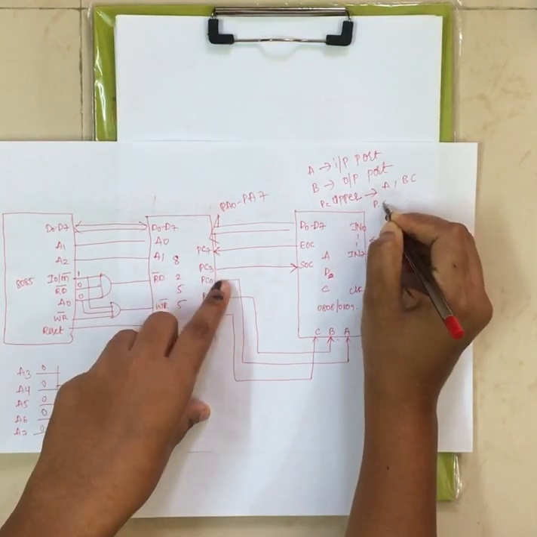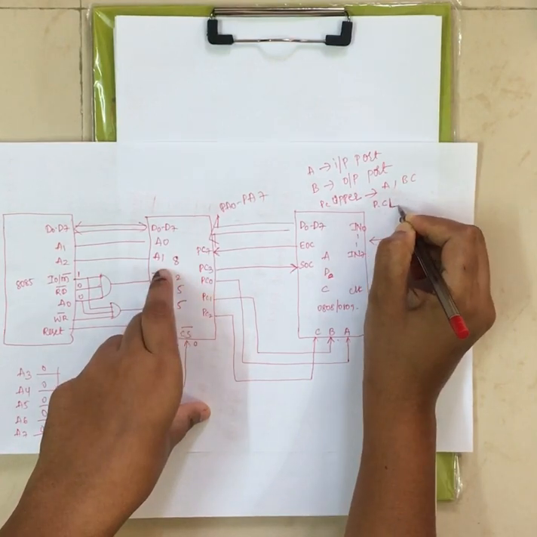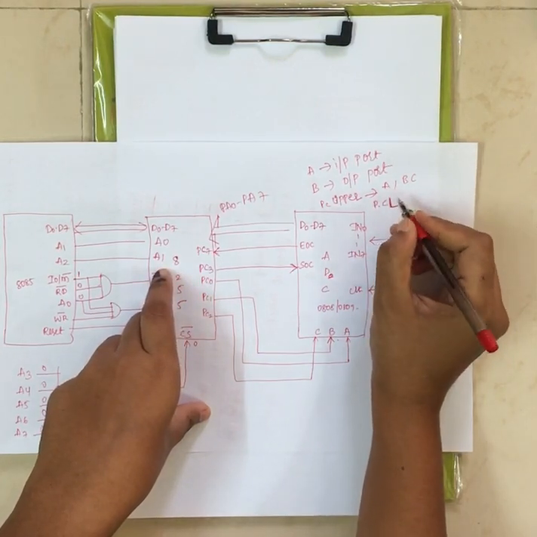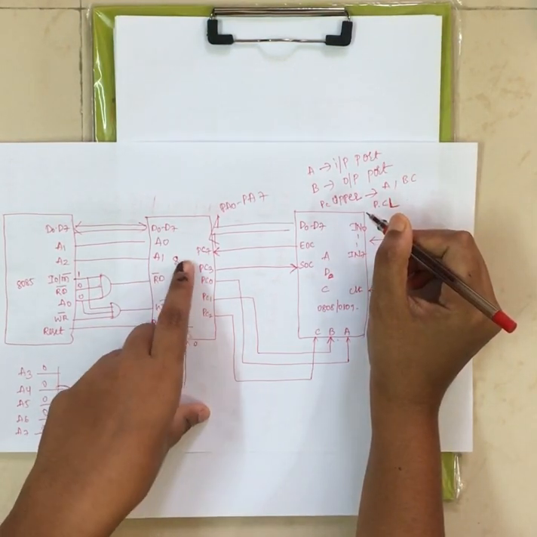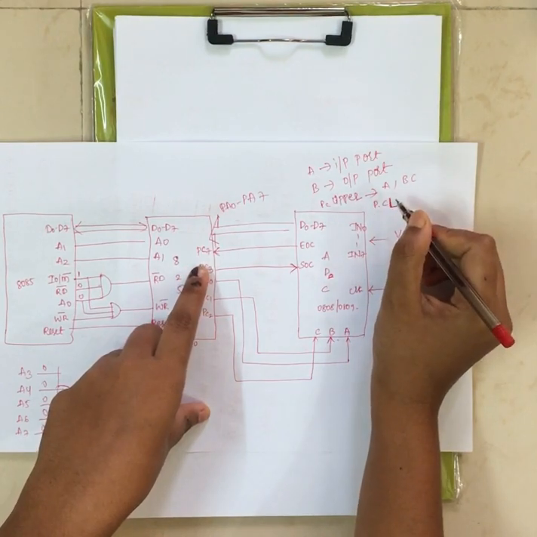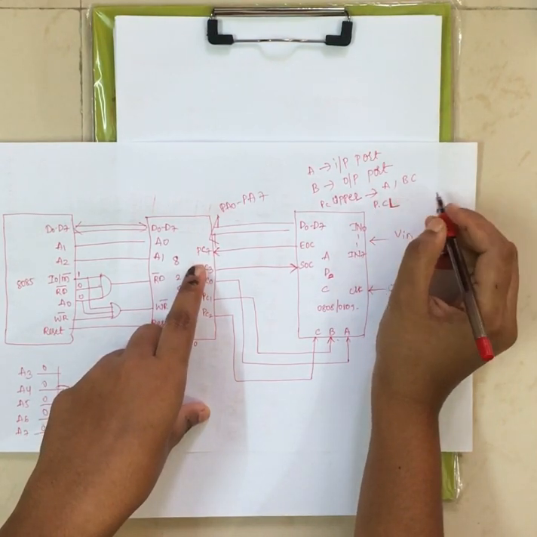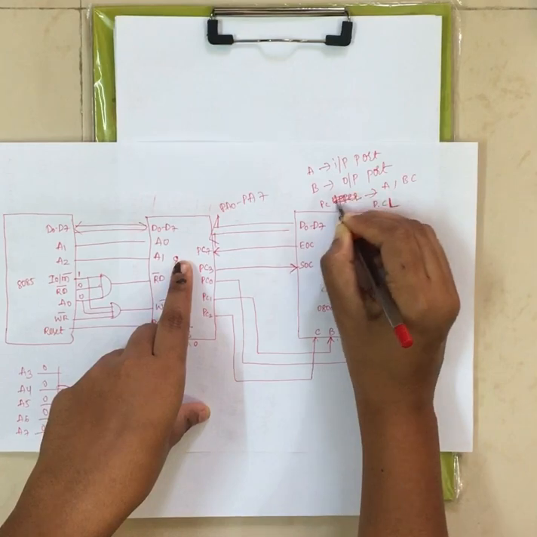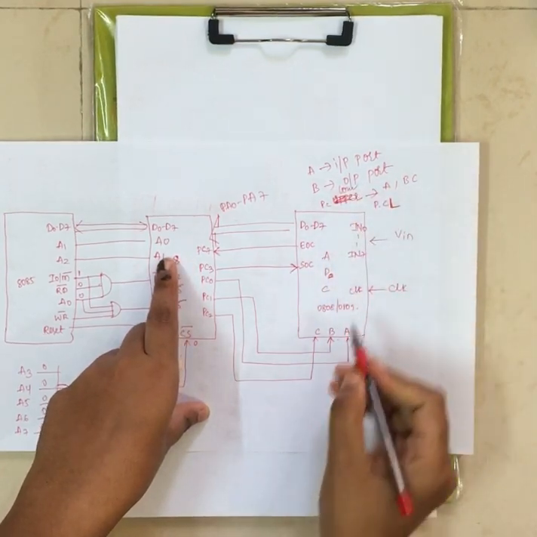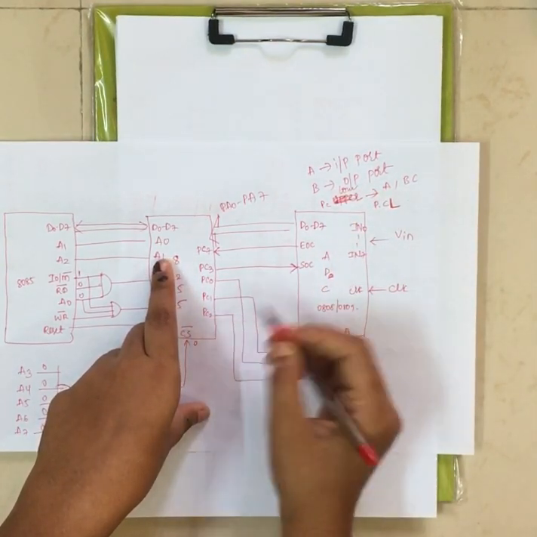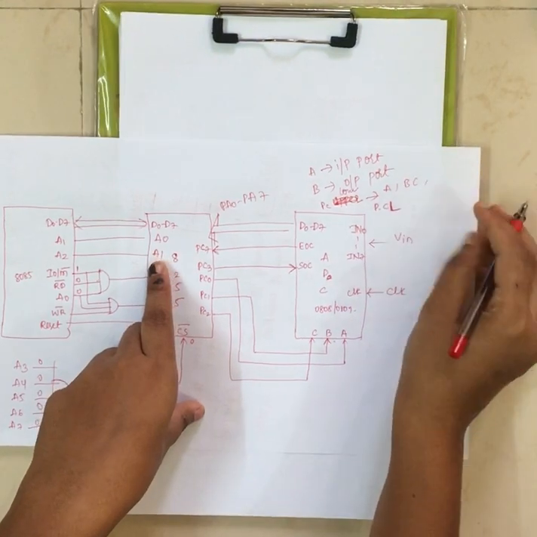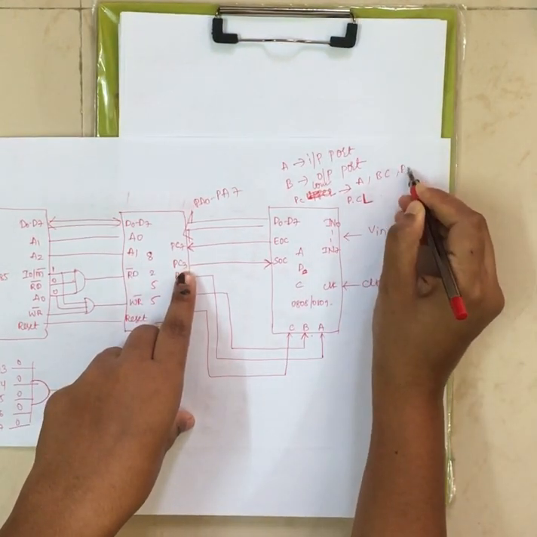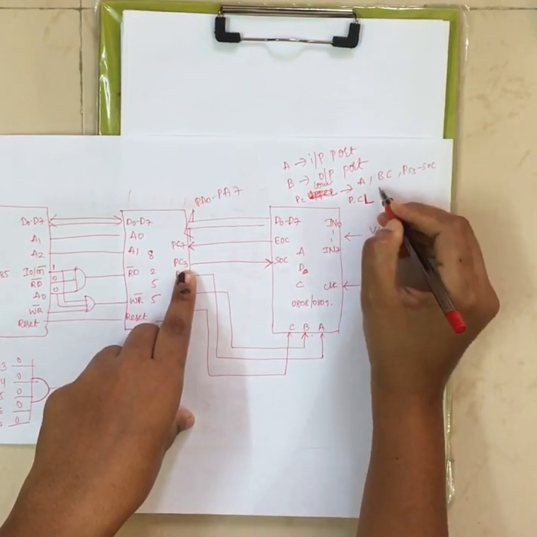Now port C lower is given to ABC, PC0, PC1, PC2, and also PC3 is connected to SOC.